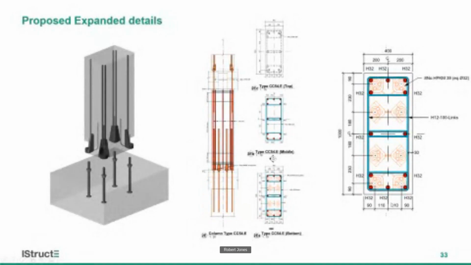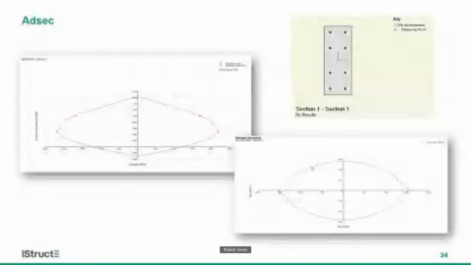The only thing we had to deal with is that because they're a proprietary product, they take up a certain amount of room, and we had to lay out those within the column section. So you could only fit so many in there, and we had to work that through with Expanded to see how much you could actually fit in to meet the original design loads. And in some cases they weren't sufficient for the original design loads.